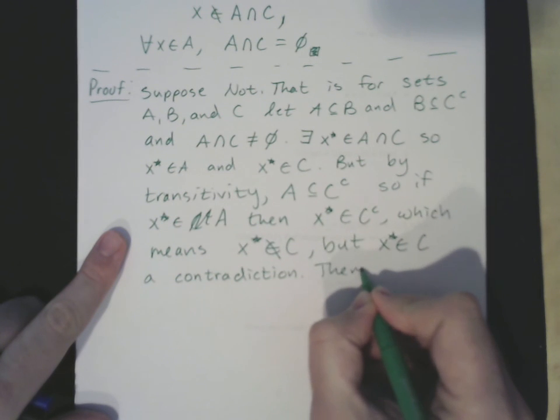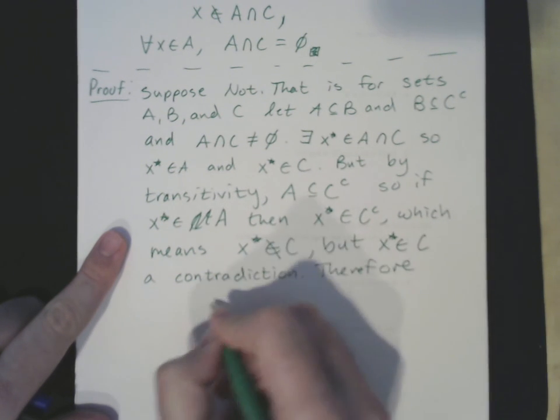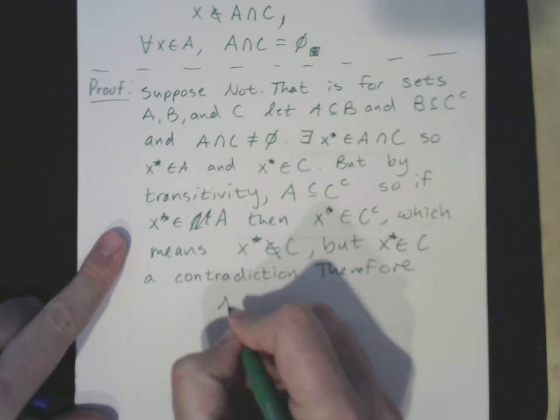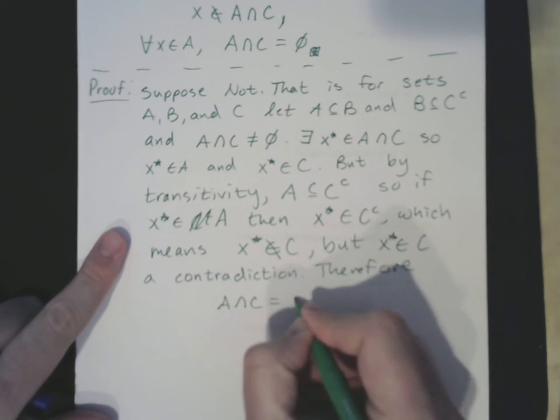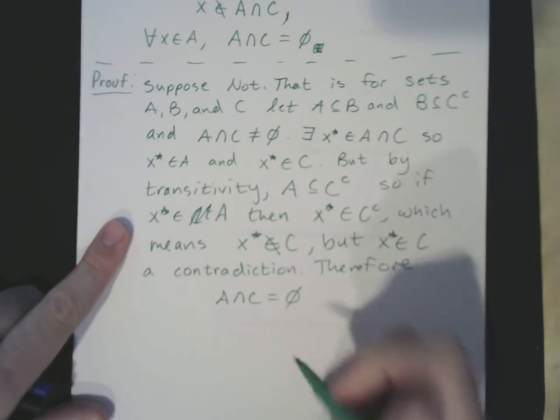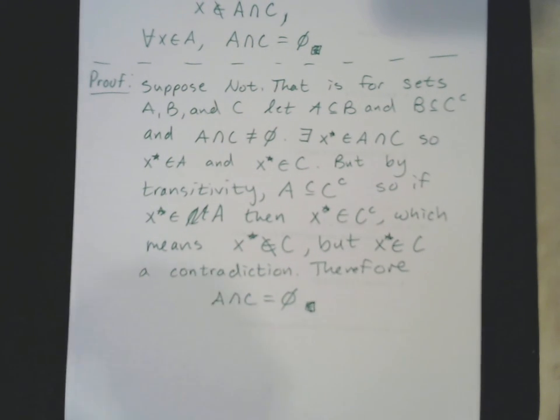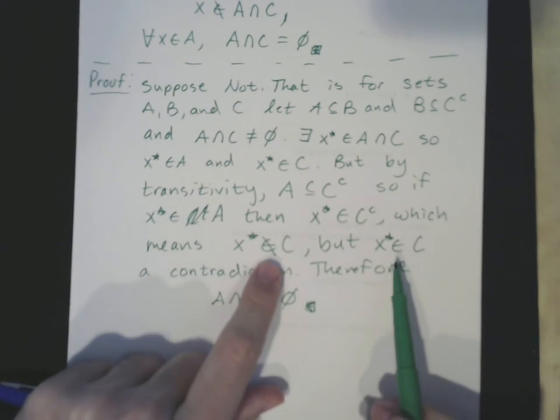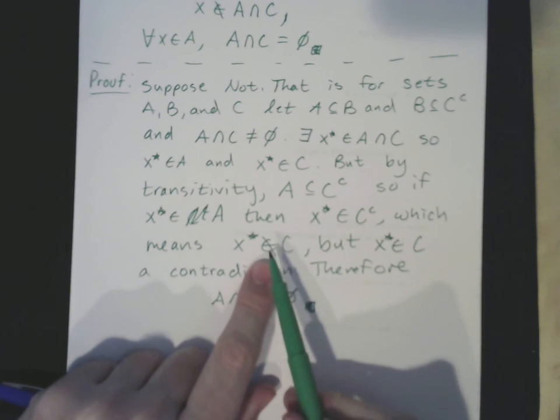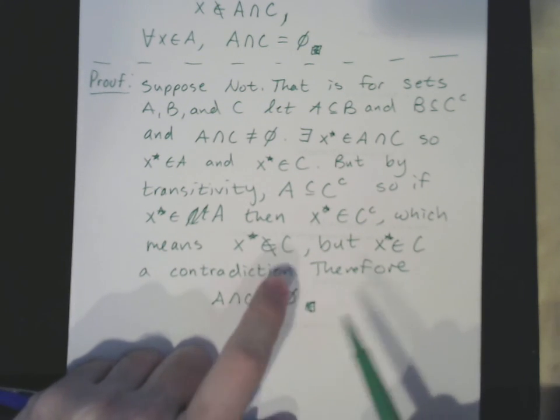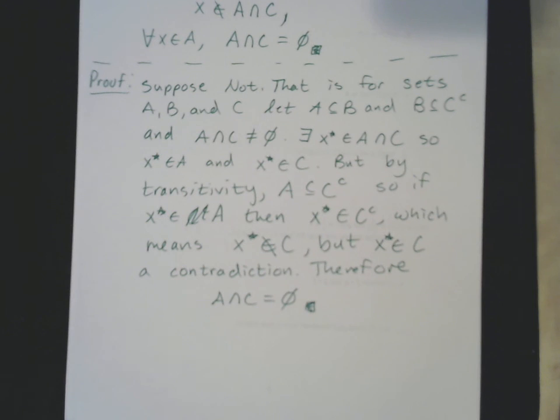Therefore, A intersect C must equal the empty set. So this is, like I said, your classic contradiction. You're not in a set and you're in that set, or you have something in the empty set, which is what we're doing.